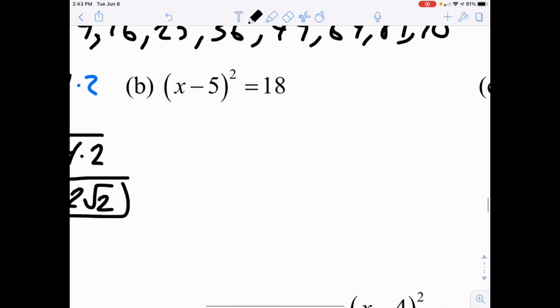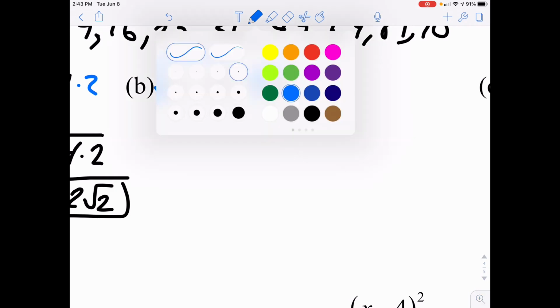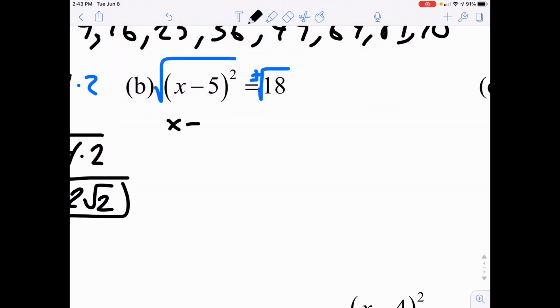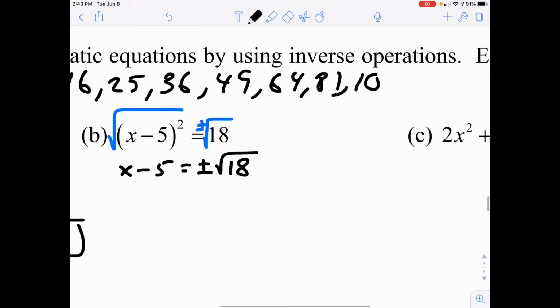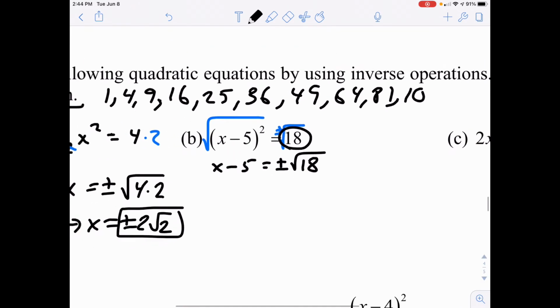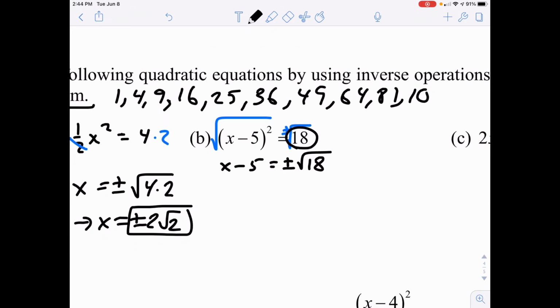Letter B, we're going to begin by square rooting both sides. And we get x minus 5 equals the square root of 18. Now, the largest perfect square that divides into 18 would be 9.